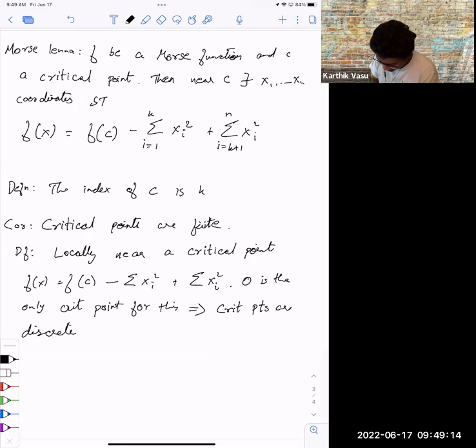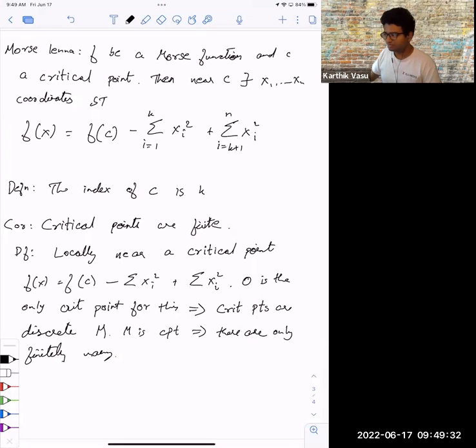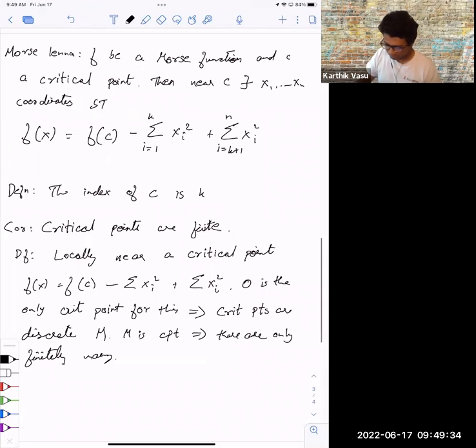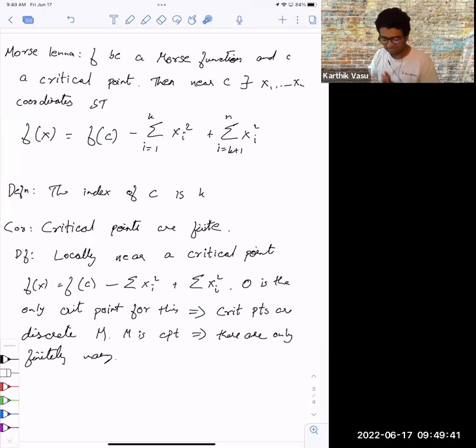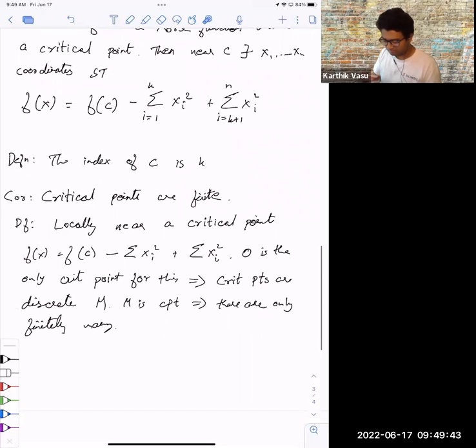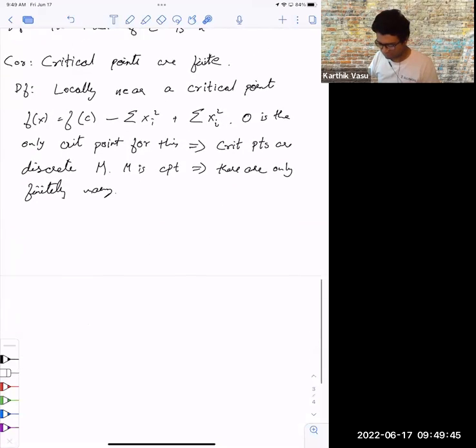So critical points will be discrete in M, and since M is compact, this implies there are only finitely many of them. And so the Morse lemma is proved; it's an application of the inverse function theorem. You'll just try to cancel off something in the matrices.